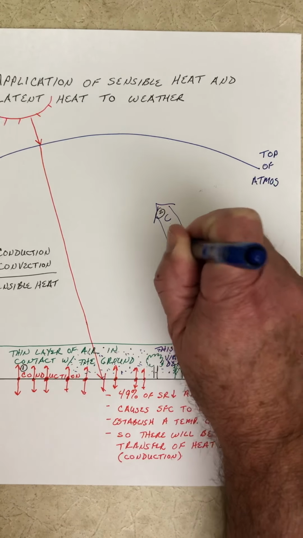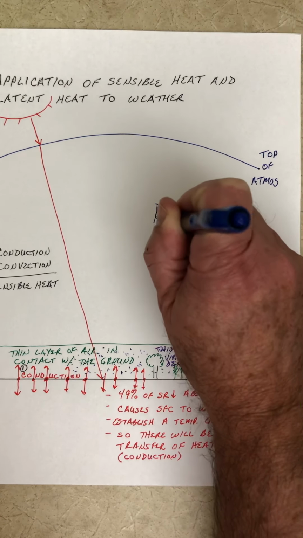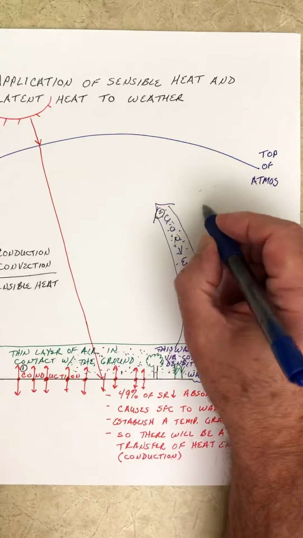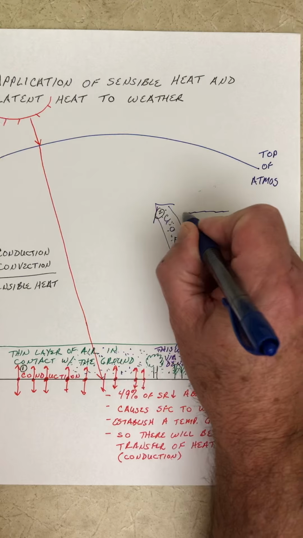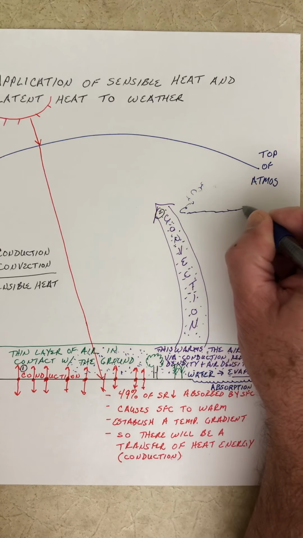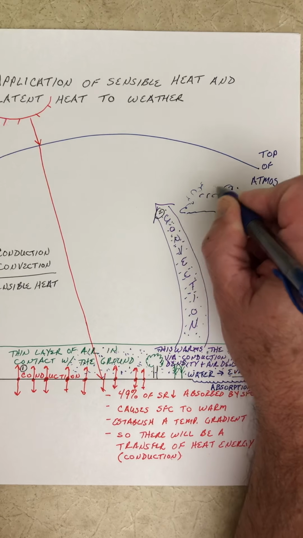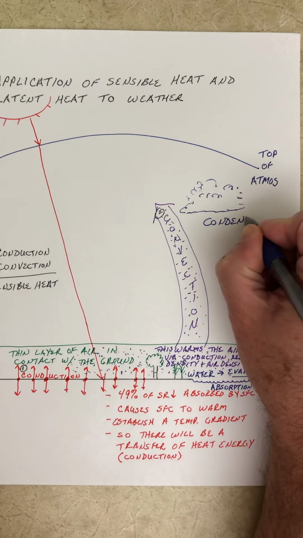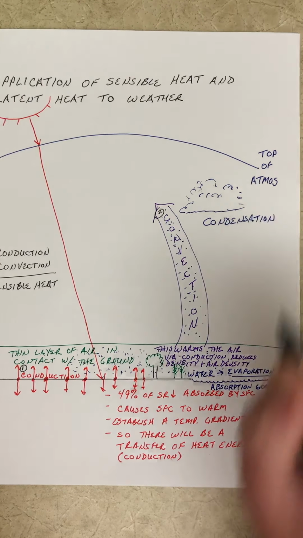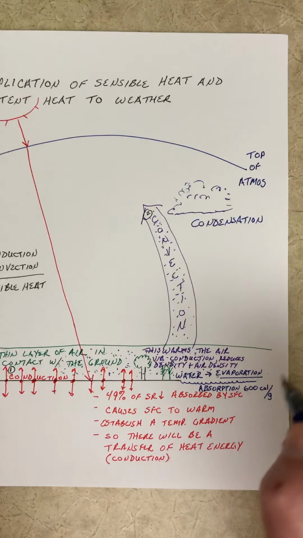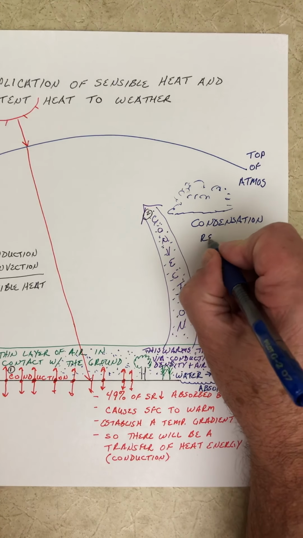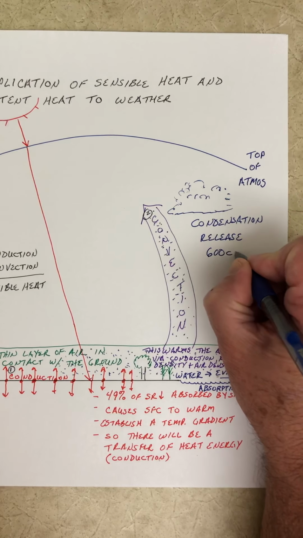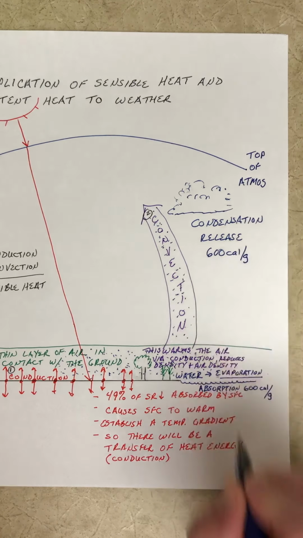As the air rises, and this is a big part of chapter 6, so you're going to have to take my word for it now, the air is going to cool, and if it cools enough, it's going to reach the point where it condenses and will form a cloud. Condensation results when the cloud forms, and that condensation is going to release 600 calories of energy for every gram of water that is condensed.